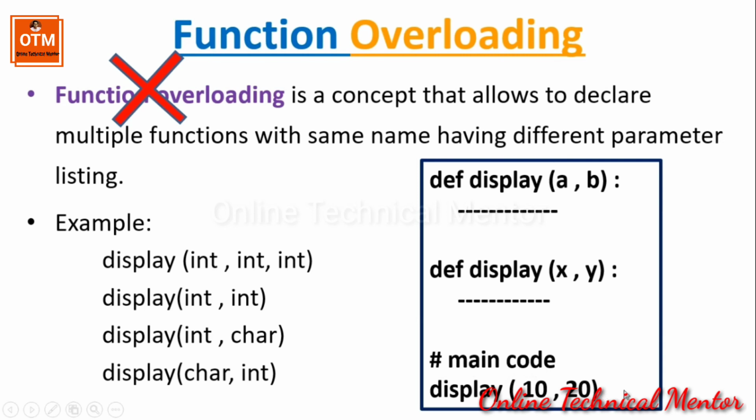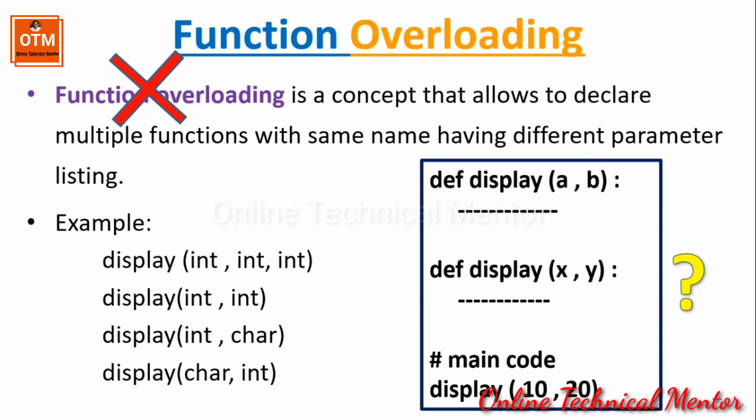It will get confused about which function is going to execute, because in Python there is no concept of writing a data type at the time of function declaration or in front of the argument. So whenever we send 10, 20, it gets confused which one is going to be executed, the first one or the second one. So that's why I have said that there is no concept of function overloading in Python.